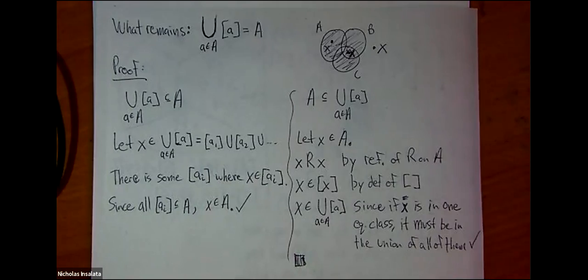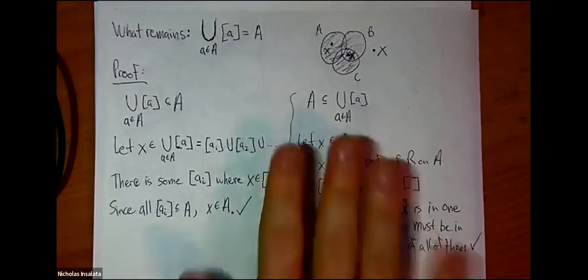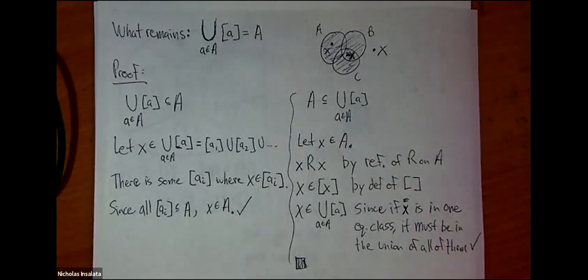So if you totally don't get this and it makes no sense, it's not the end of the world. After equivalence relations, next week we're going to start into combinatorics, which is completely different, totally unrelated to all the things we've done so far. So if you don't get this, it's not the end of the world. We're moving on to something new next week.